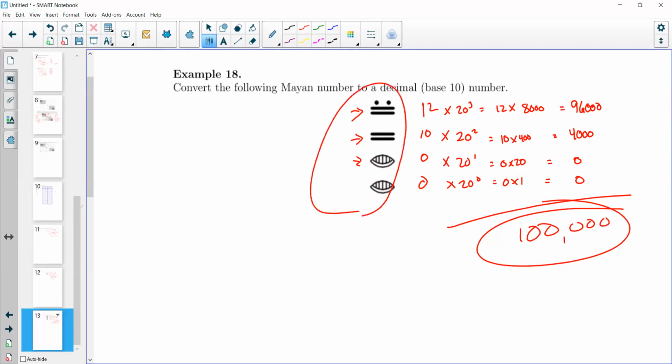That looks much funner than this. So one last thing I want to look at with this. Let's convert the base 10 number to Mayan. Because it's there.